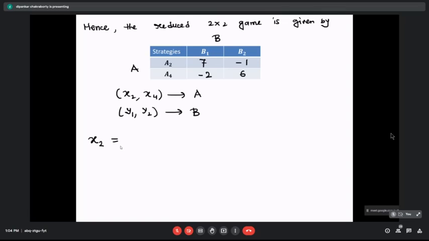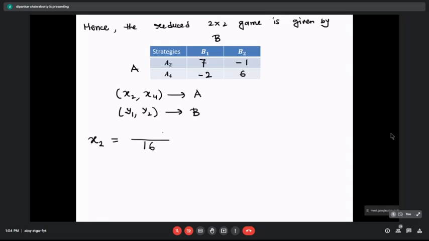I hope you remember this. 8 by 16. How is it coming? 7 plus 6, that is 13, minus 2, minus 1, minus 3, that is 16. The denominator is 16, right?